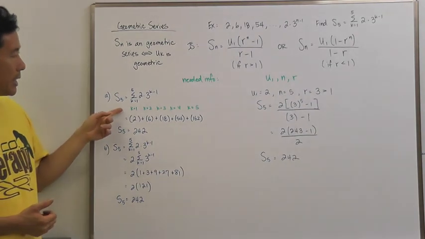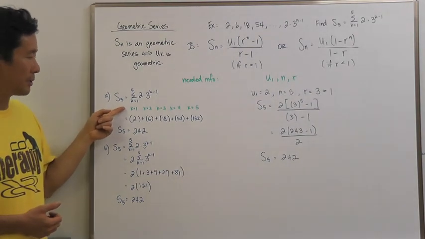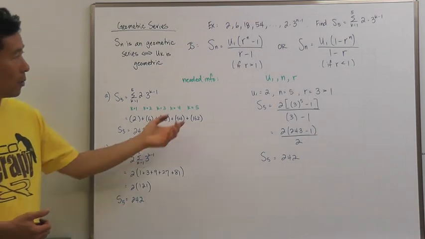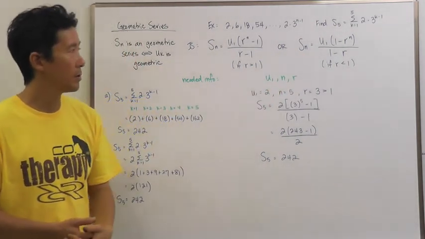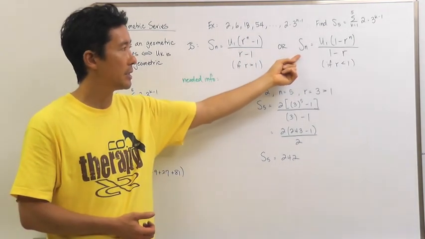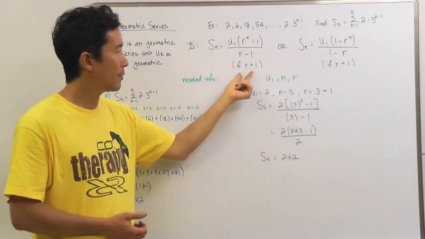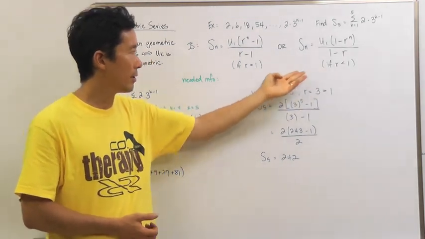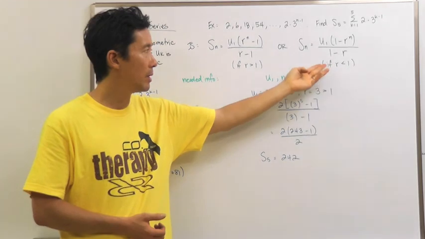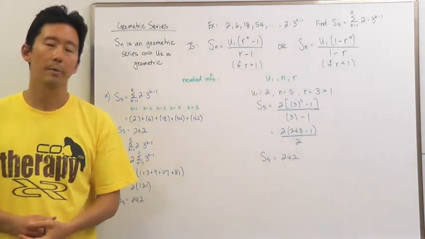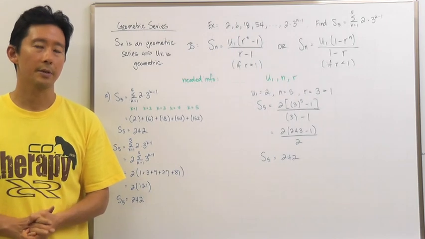We can either expand the sigma notation, use our sigma notation properties, or use either one of those two initial statements here to find out what that geometric series is. If we know what u sub 1 is and r, and depending upon whether r is greater than 1 or less than 1, we choose either one of those two to appropriately come out with the geometric series.